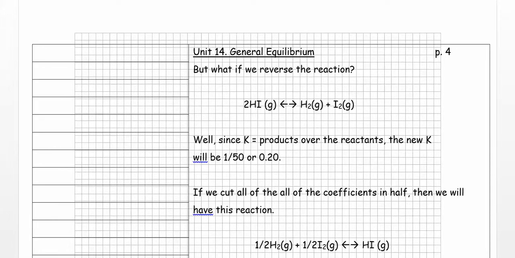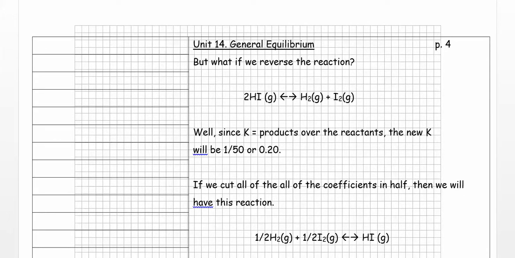But what happens if, for example, let's move on, we reverse the reaction? What happens if we reverse the reaction? Well, this is the reverse reaction now, relative to the one we saw before. Products become reactants, reactants become products, okay? And so what happens to the K value? Well, remember that K is always equal to products over reactants, right? So if I reverse the products and the reactants, then I should fully expect the K value to be the reciprocal.